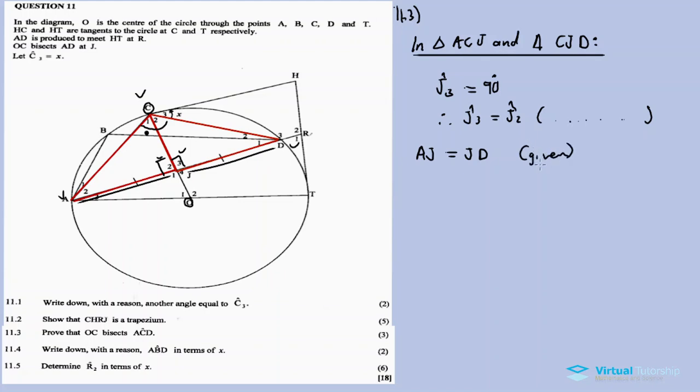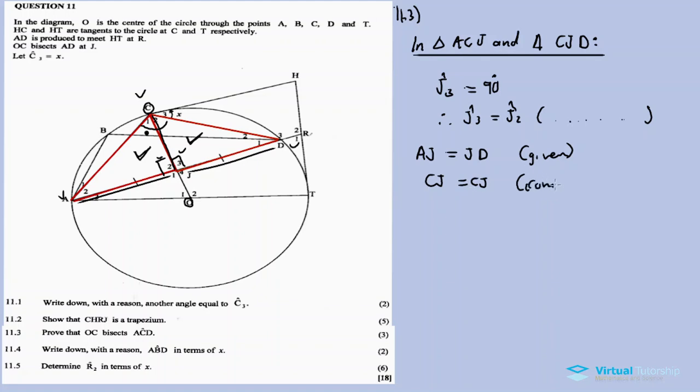And then we see that CJ, this length CJ, is equal to CJ. CJ is common in this triangle and in that triangle, right? We find CJ in this triangle and in this triangle. So that means CJ equals CJ. Why?